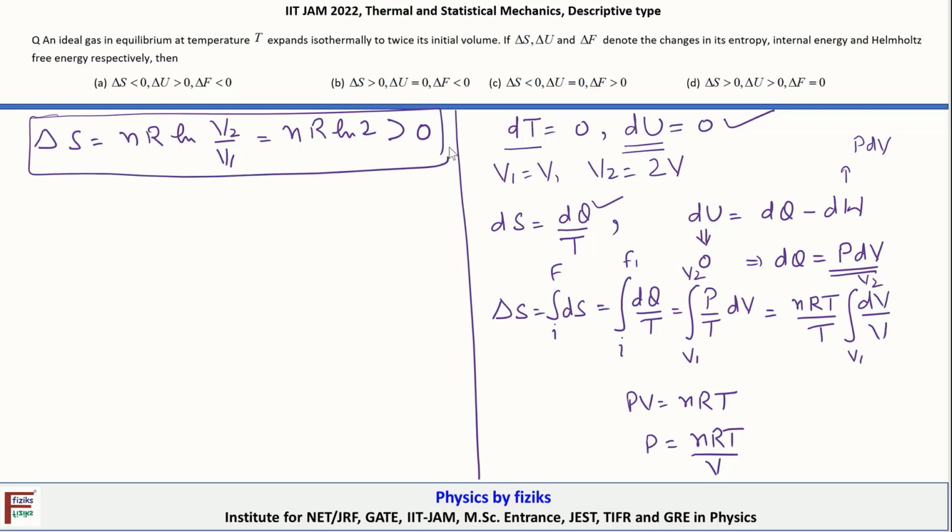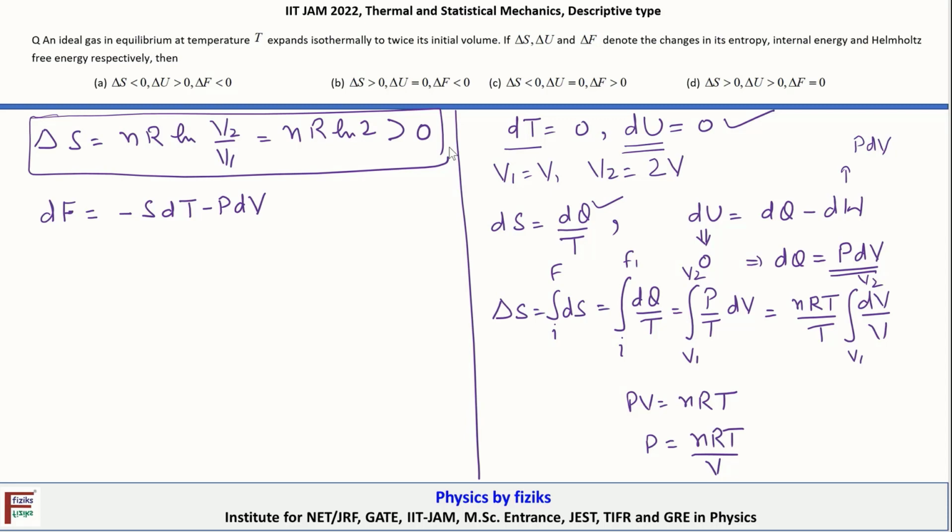Now let's evaluate the corresponding change in the Helmholtz free energy. If you recall, the change in Helmholtz free energy, in terms of the thermodynamic variables, can be rewritten as minus s dT minus p dV.